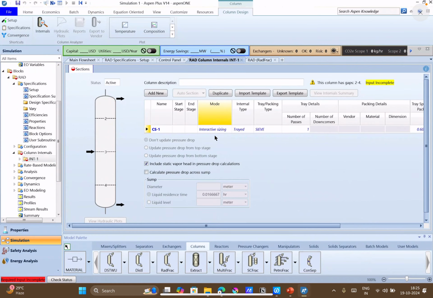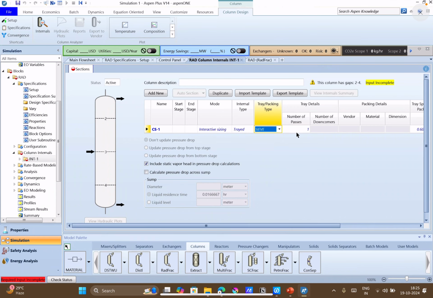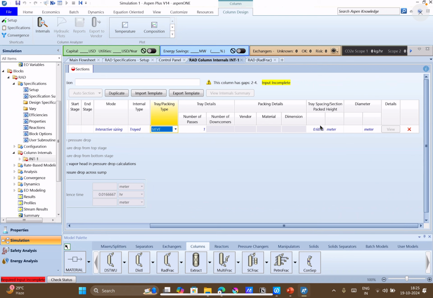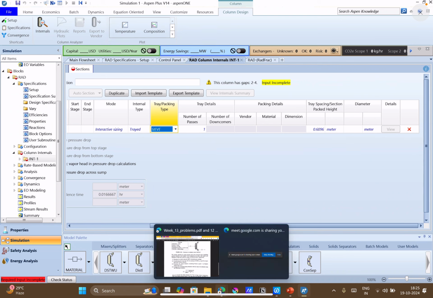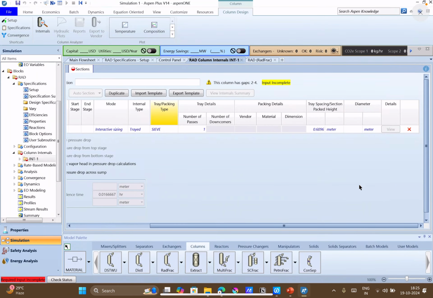So the model that we will be using will be interactive sizing, tray column, sieve trays. Number of passes, we won't change. Now coming to the tray spacing, here it is 0.6096, exactly the same as what has been provided to us, so we don't have to change it.